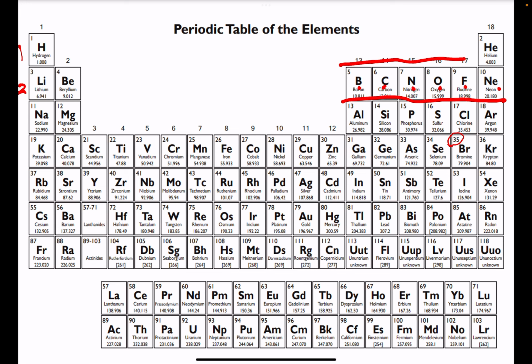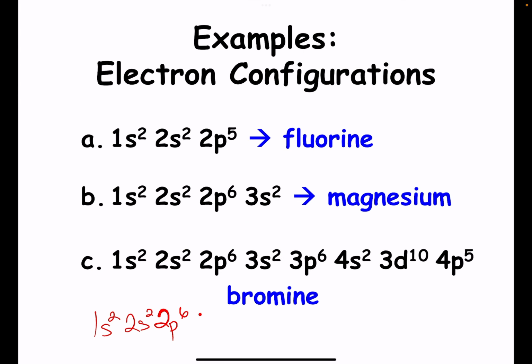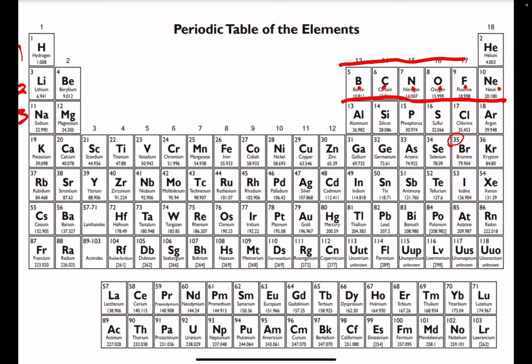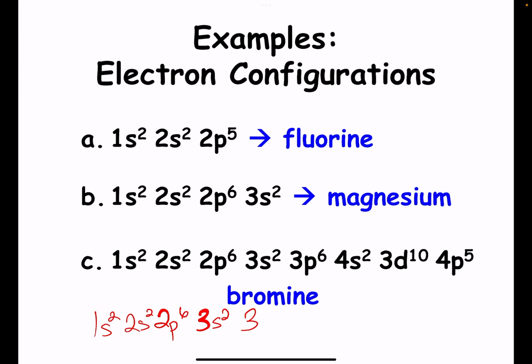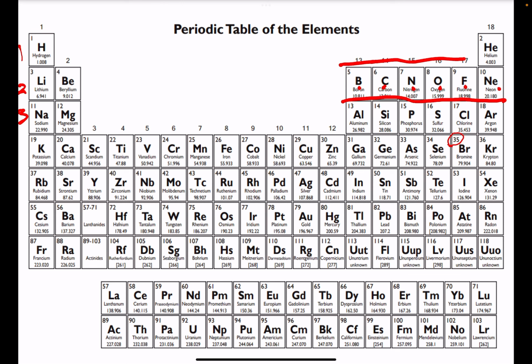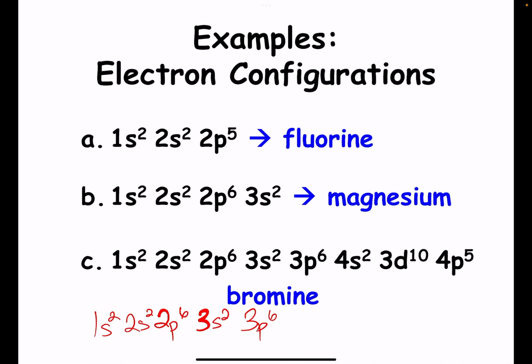Next up, period number 3, 3s2. And then next up, we got our p block. That's 3p6. And then we got period number 4. That's 4s2.